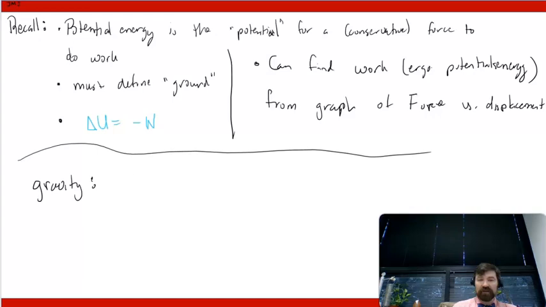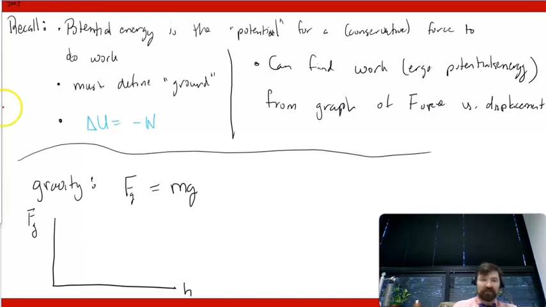We're just looking at force of gravity is m times g. And that means that if you were to make a plot that has on it gravity on one axis and displacement, specifically height, on the other axis, your plot would basically just look like a flat horizontal line.